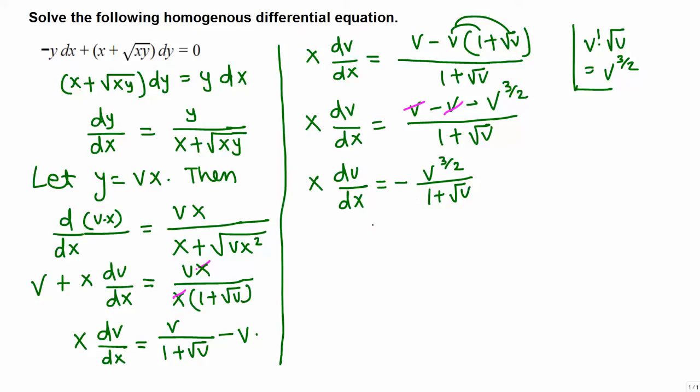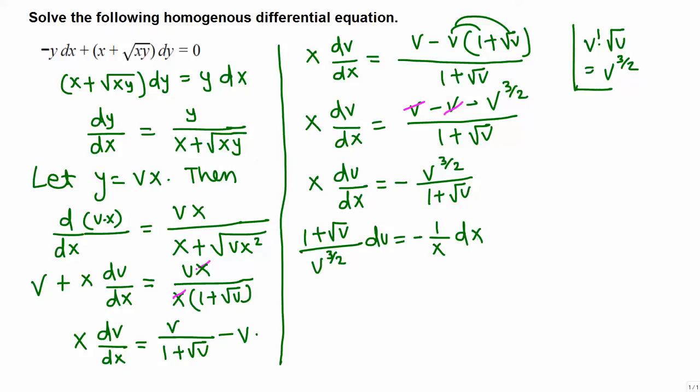Okay, now we want to separate the variables, v functions in the left side, x in the right hand side, and we can leave negative 1 in the right. So 1 plus root v comes to the top over v raised to 3 halves, which is in fact v times root v on the bottom, and dv in the left hand side equals minus 1 over x dx.